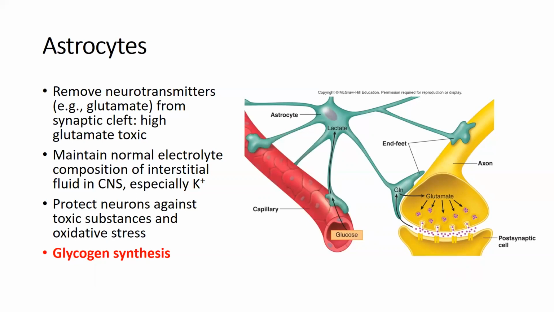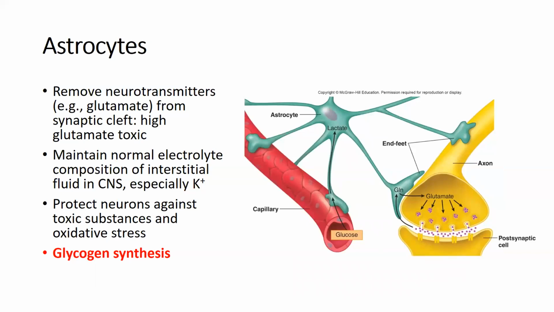And so astrocytes help to protect neurons from the exposure to these reactive oxygen species and any oxidative stress that they could be seeing. Okay, so this oxidative stress is thought to be linked to aging in the nervous system. So essentially, astrocytes help to delay or protect against aging.